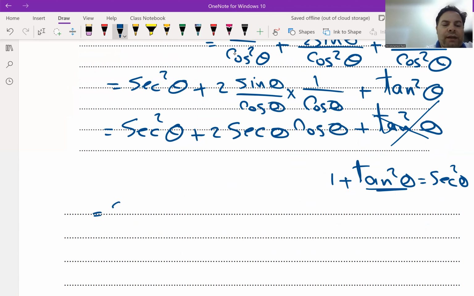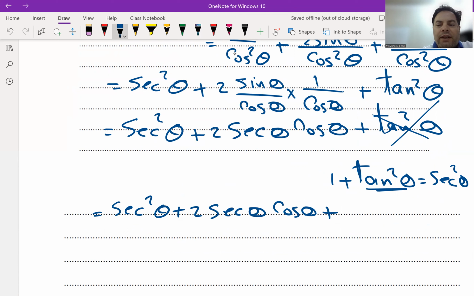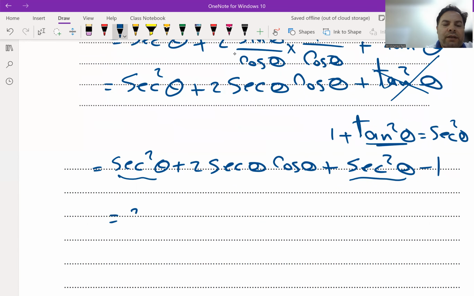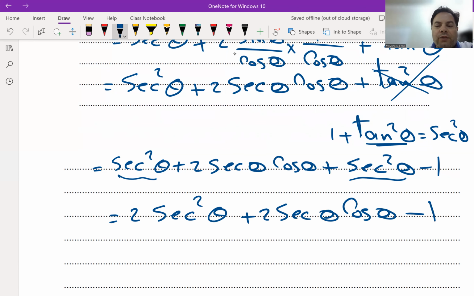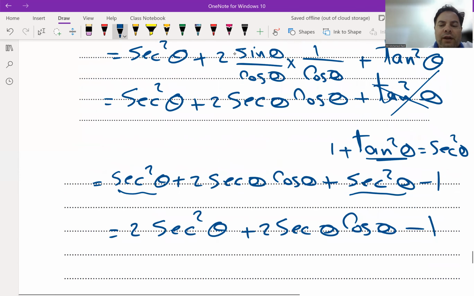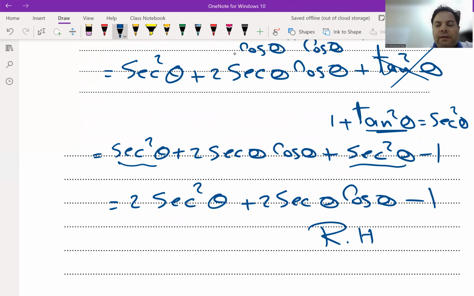So sec squared theta plus 2 sec theta tan theta plus sec squared theta minus 1. Simplify: 2 sec squared theta plus 2 sec theta tan theta minus 1. This is the final answer, which is the same as the right-hand side.